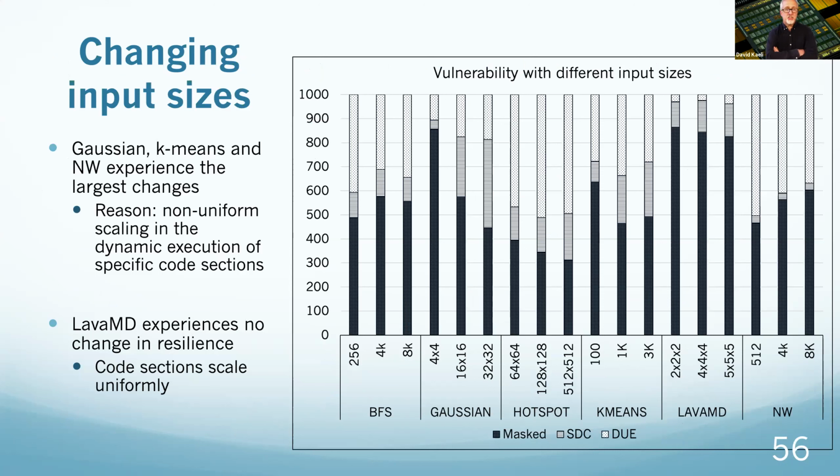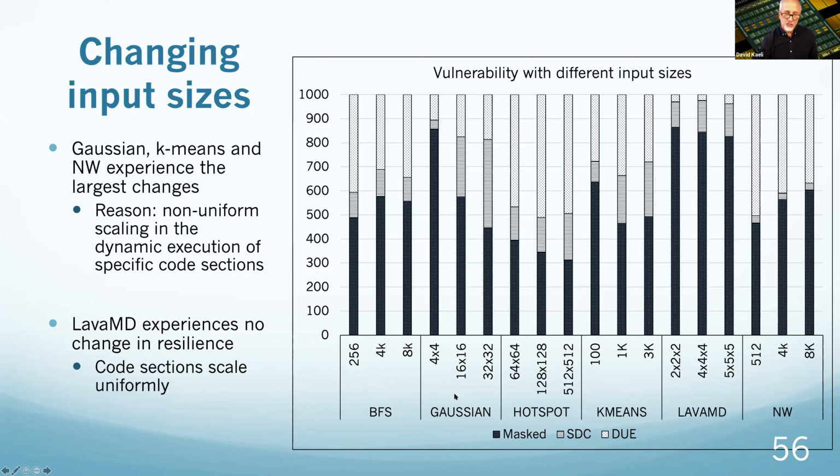So here we change the input sizes. We look at 3 workloads, Gaussian, K-means, and NW. Actually we go across 6 different workloads, but for those we saw the largest changes. So here we're changing the size of the programs.